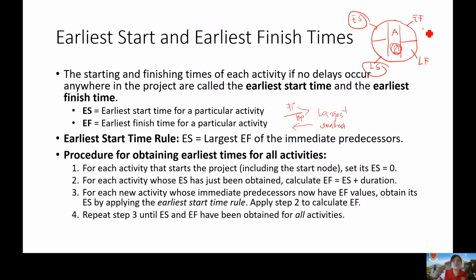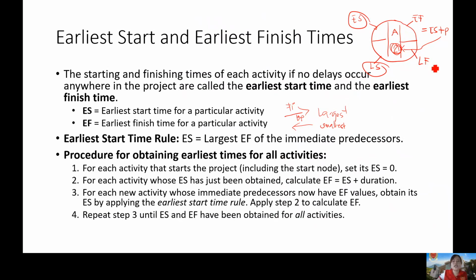Normally, the formula of EF is equal to ES plus your processing time. That is where the formula comes from. So, that's your EF. It simply indicates the fastest possible time that you can finish.